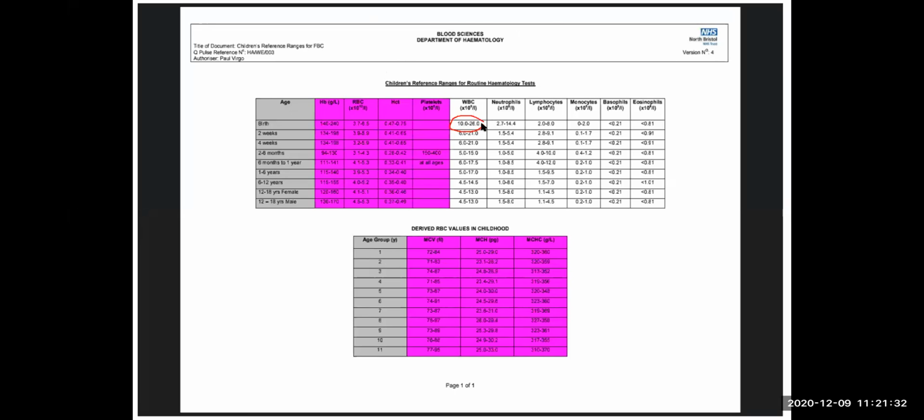This is explained by the stressful situation at the time of birth. During a stressful condition, as we talked about before, cortisol hormone is released, and that cortisol will mobilize the different types of WBC into the circulation. That's why the WBC count is higher, which gradually decreases when the child becomes older.